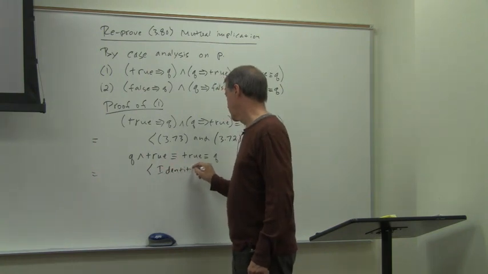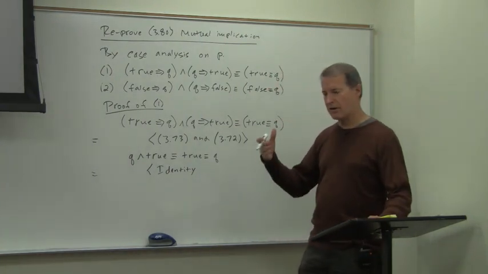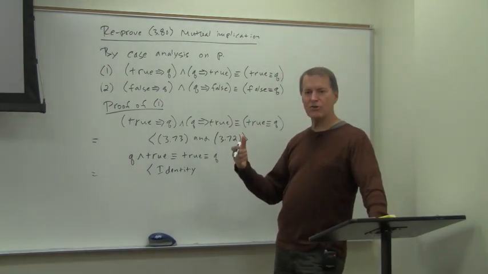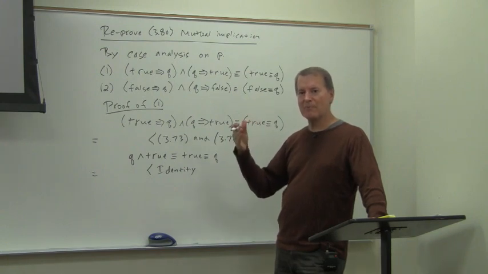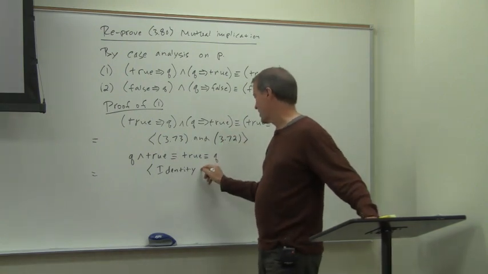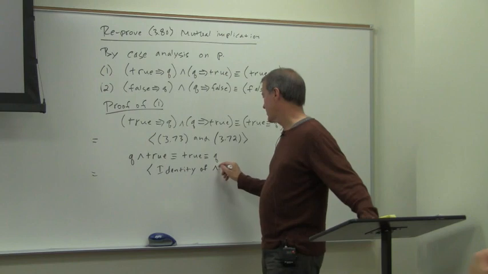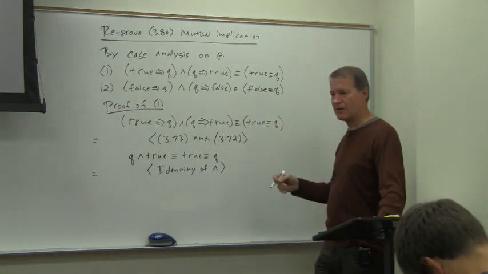We don't have to know the number as long as we know the name. That's the nice thing about the ones that have names that you can remember. At this point you should be able to remember the names and you don't have to quote the number. So that's a big help. You can just say identity of, or you can go back and look it up and put the number if you want. But if you know the name of the law, boom.